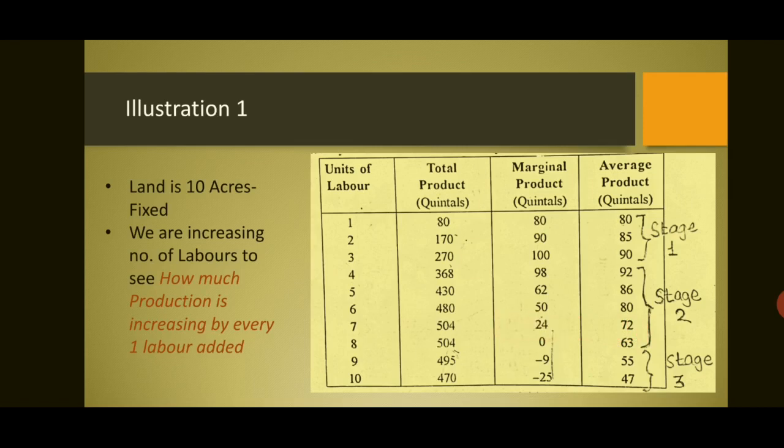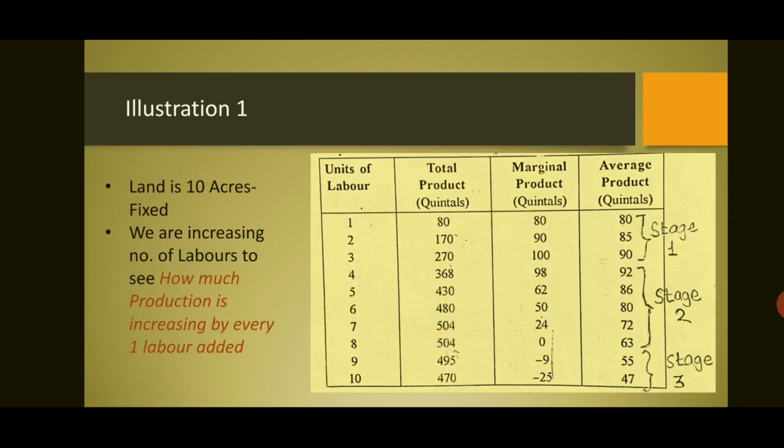And as soon as we have added one more labor, that is the 10th labor, we have got very lesser average production. As soon as we have added the labor with the 8th labor, we have got a maximum production of 504 units.